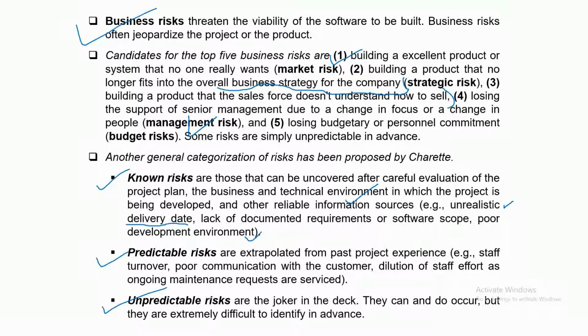Predictable risks. Predictable risk requires past project experience. For example, staff turnover. Staff turnover means, if you have worked on some prior project, staff leaving in between, leaving your project or leaving your company while your project is going on. Poor communication with the customer.